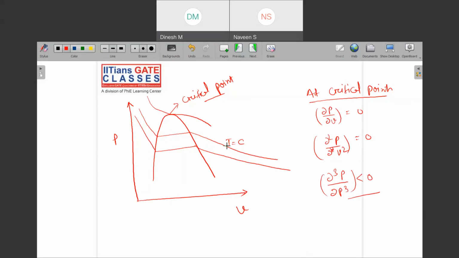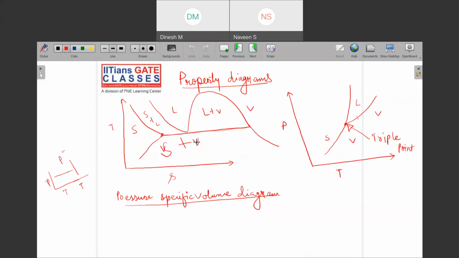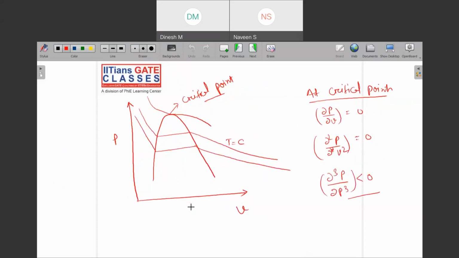So this is your pressure specific volume diagram. Similarly there are property diagrams on temperature and entropy axis, on pressure and temperature axis. And there is one thing which is very important, like we have seen the substances. What is the nature of general substances?